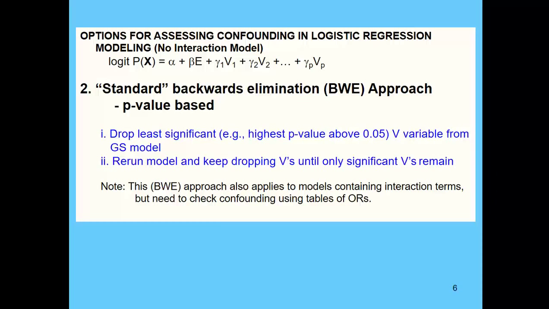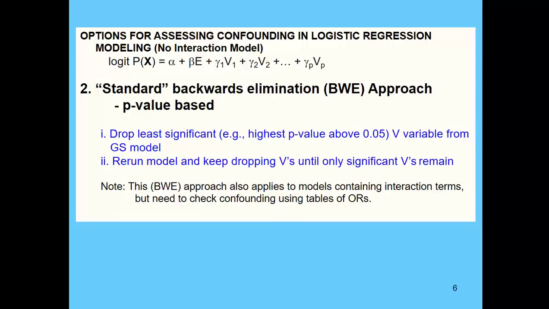But there's a problem with what I said. What if you compute e to the beta for the reduced model, and it is more than 10% from the gold standard e to the beta? What would you be tempted to do? Well, you start adding things back in that dropped out, right?